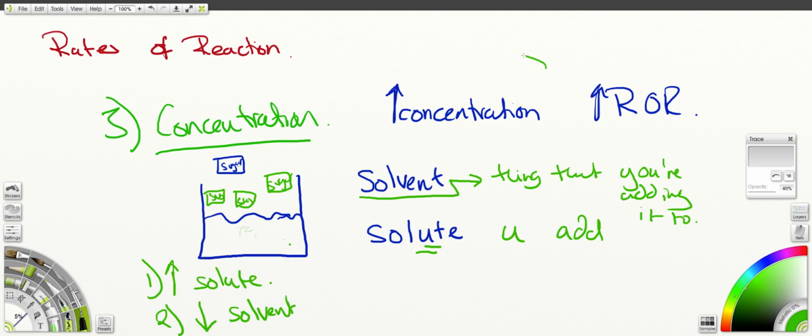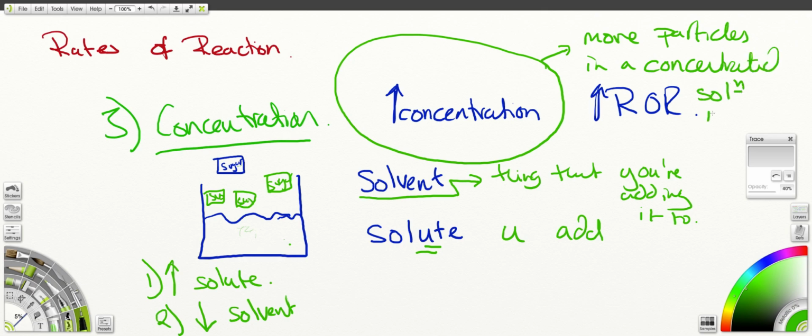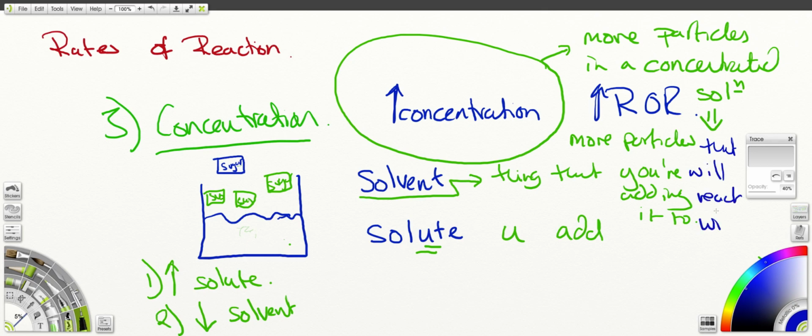So the question is, how does this work now? If you have more particles of acid or alkali or whatever it is in a concentrated solution, then there are going to be more particles that will react within your reaction.